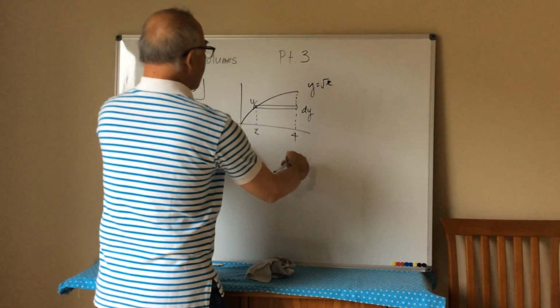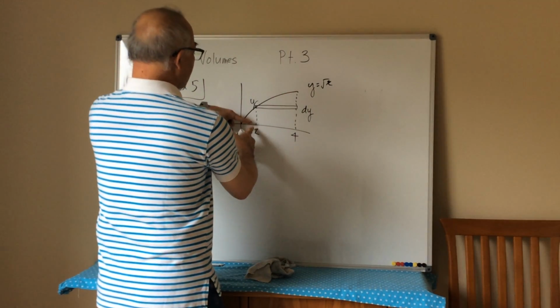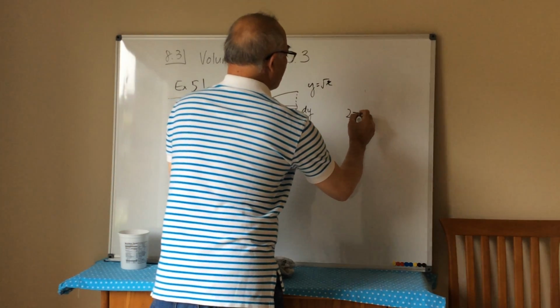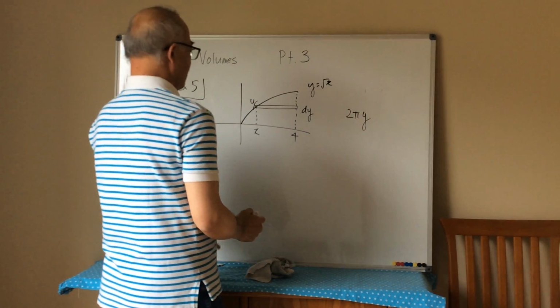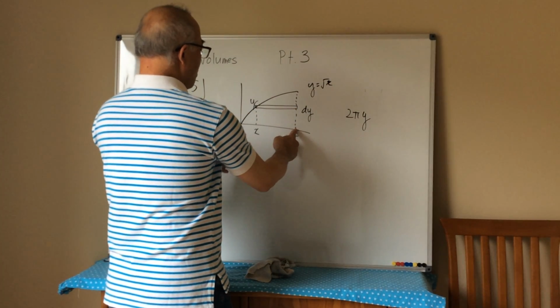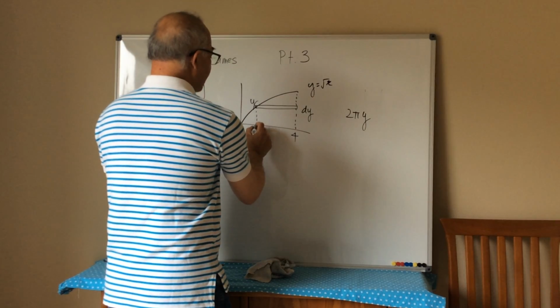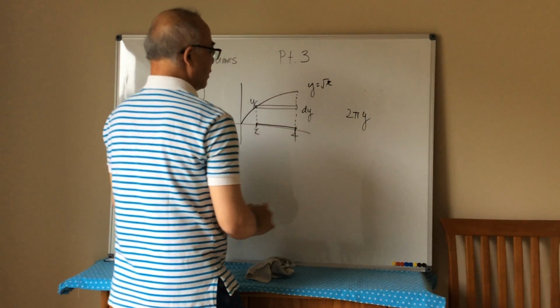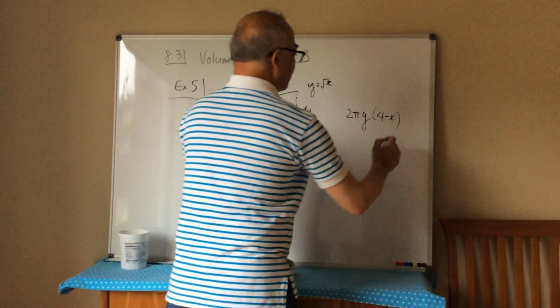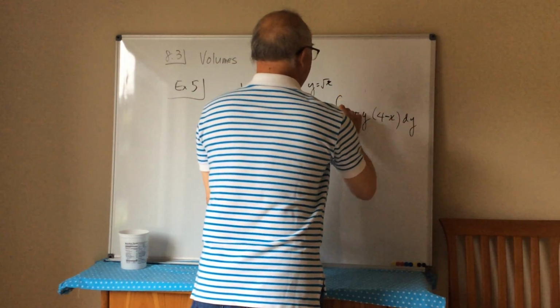I'm going to have a cylindrical shell with a radius of y. So we're going to have 2 pi y times the height. The height is 4 minus x, because the height is from here to here. So we have 4 minus x, and we're going to go dy.